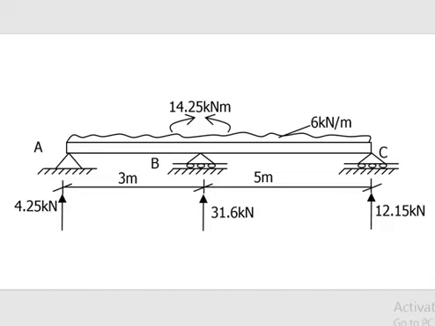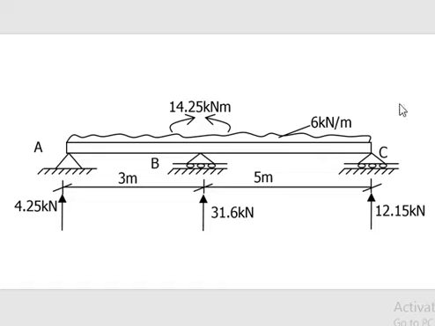On the screen is the summary of the bending moments and vertical reactions at the supports. At support A, there's no bending moment because it's an end support that is pinned. Moment there is 0, but the vertical reaction is 4.25 kilonewton. At support B, it has 2 moments, MBA and MBC, but they are equal and opposite, so summing them algebraically will give you 0.